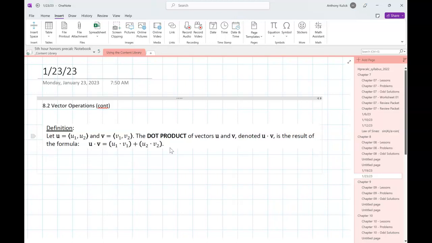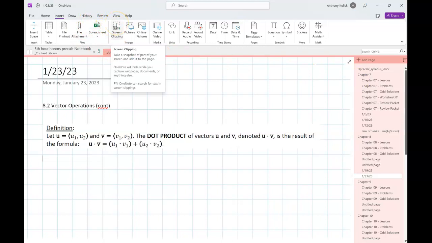Or sometimes you'd call that a scalar, right? In vector talk, real numbers are just scalars. So the dot product actually has a lot of application.